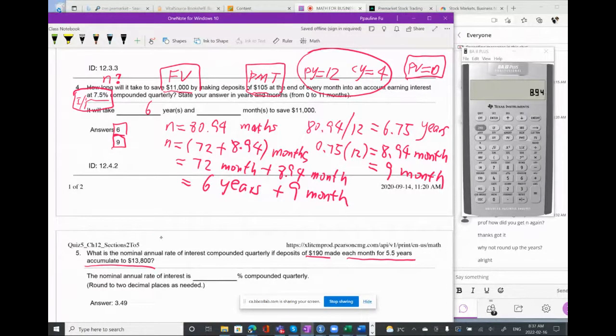So what is nominal rate? So what is IY? That is the question. Interest compounded quarterly means CY equal to 4. Payment each month means PY equal to 12. 190 is PMT.